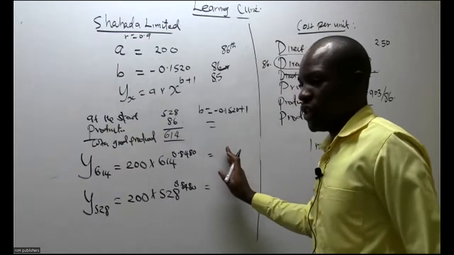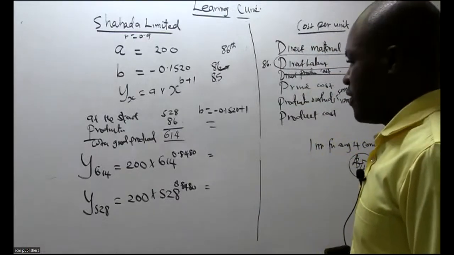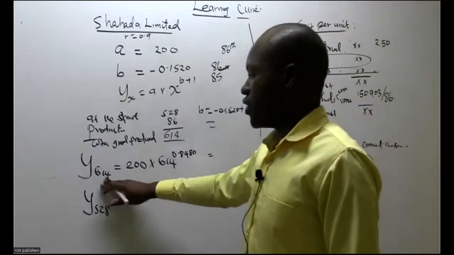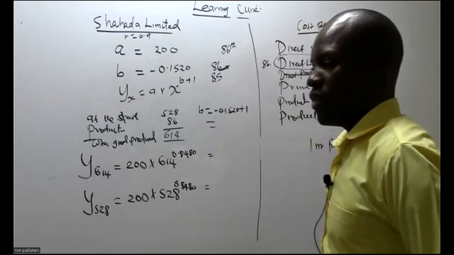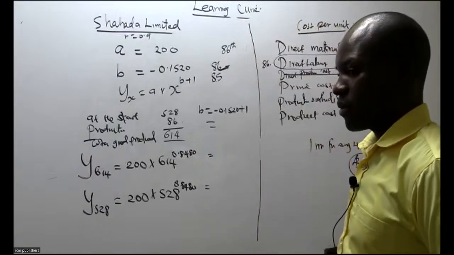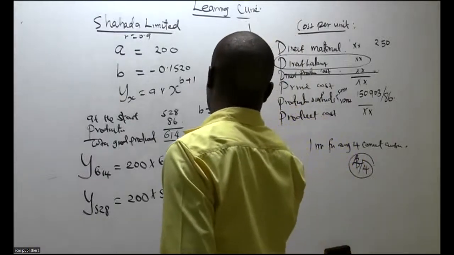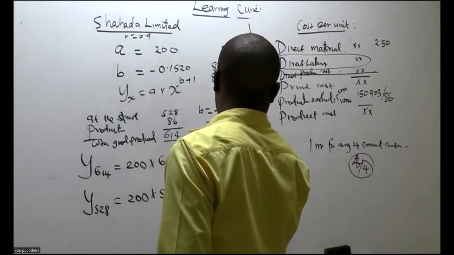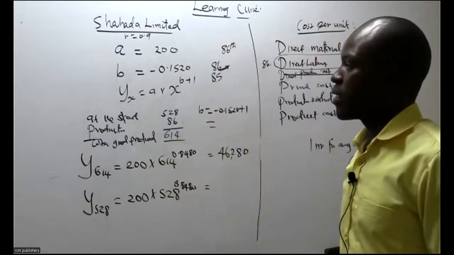Give me the totals here. The first one, for the first 614, how much do we have? 46 to 80. And I want us to be very keen.